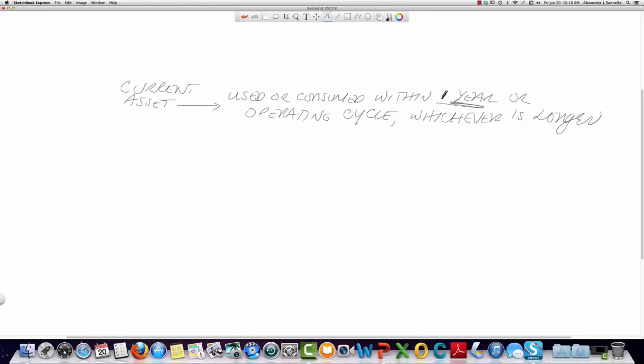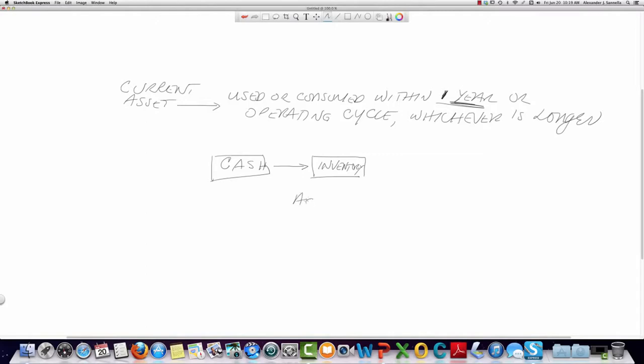Now for us, typically it's 1 year, but there are some industries that have an operating cycle greater than 1 year. Now, what's an operating cycle? Well, an operating cycle, for example, for a retail business, you would start with cash and you would buy inventory, goods to sell.